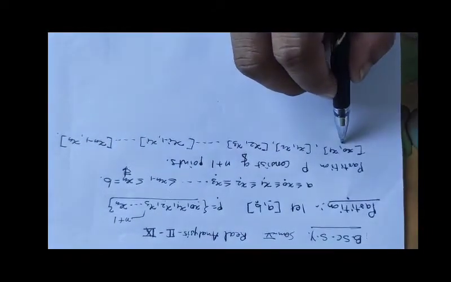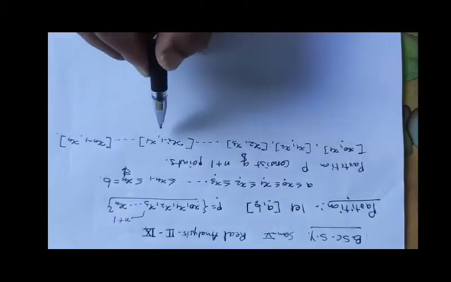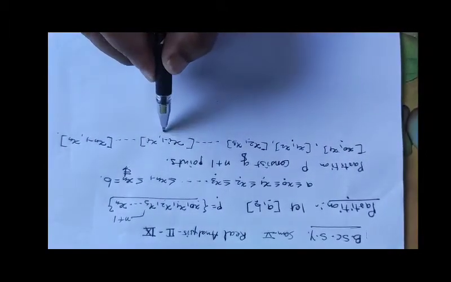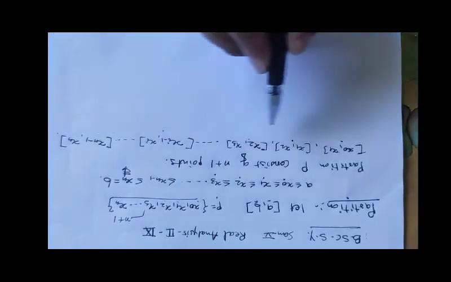So this is the first interval, second interval, third interval, fourth interval, this is the ith interval, and this is the nth interval. Now all these intervals are subsets of the interval [a, b], no problem.